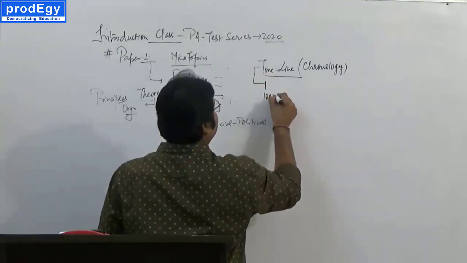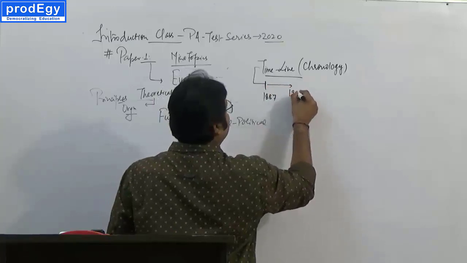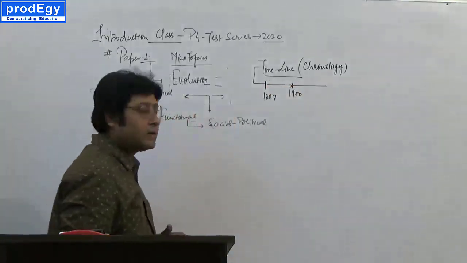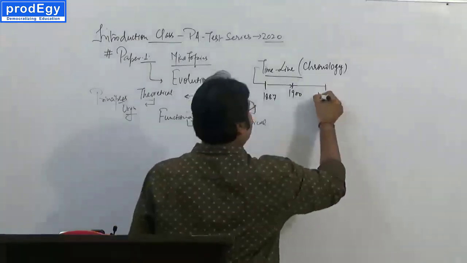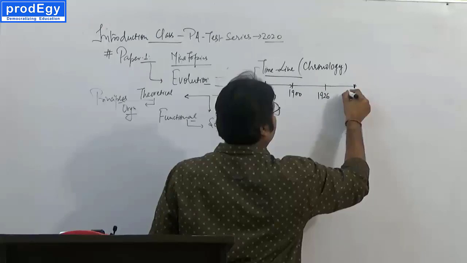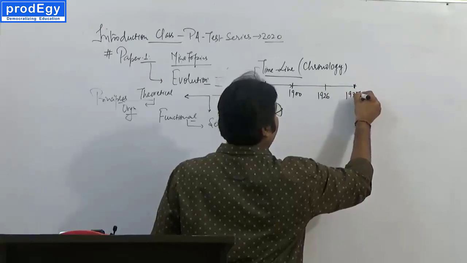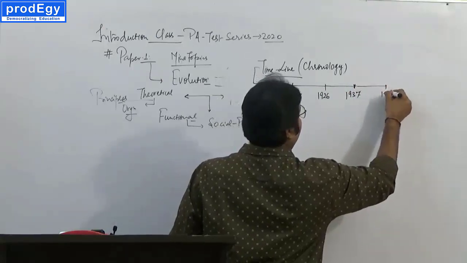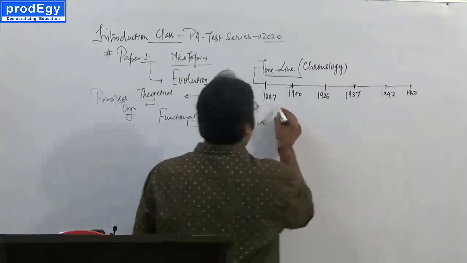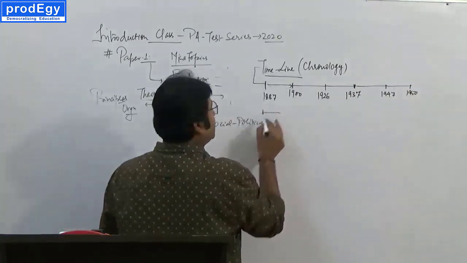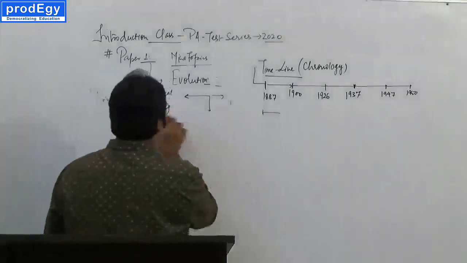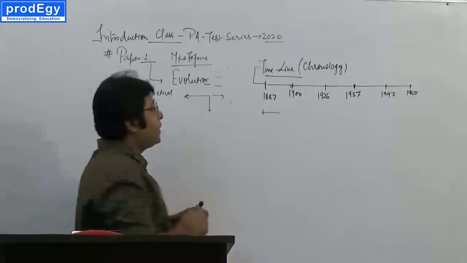So let's say 1887 to 1900, one benchmark, 1900 to 1926, 1937, 1947, 1950. Come here again, starting from here.